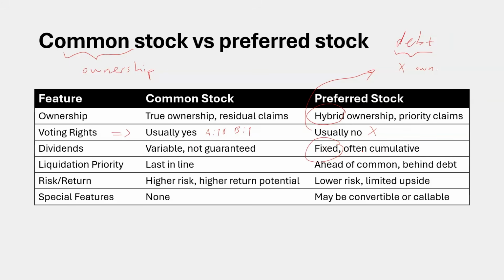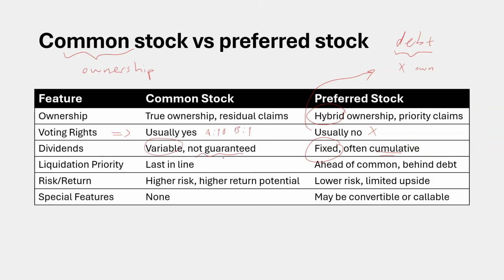And in fact, if a company misses paying a fixed dividend on preferred stock, this would often be cumulative, in the sense that the next time around, the company will have to honor both the current preferred dividend and the one that was not paid before. Whereas there's no such promise for common stock, so the dividends are variable and not guaranteed.